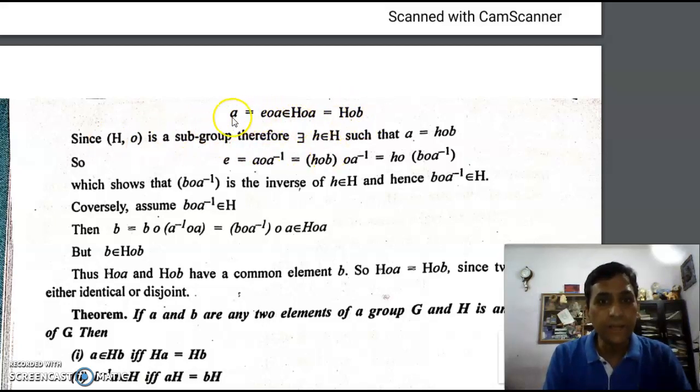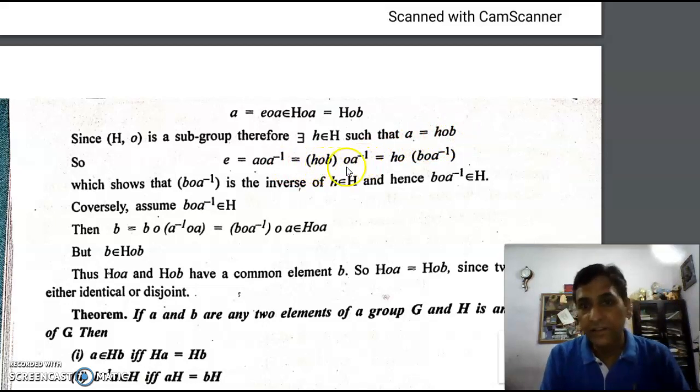When I say this A belongs to HB, it means this A can be written as an element of this right coset, and the elements of this right coset are of the form H into B. So there exists some h in subgroup H such that A is equal to h composition B. Again, identity can be written as A composition A inverse, and in place of this A I put this value, h composition B, and I write h composition B composition A inverse.